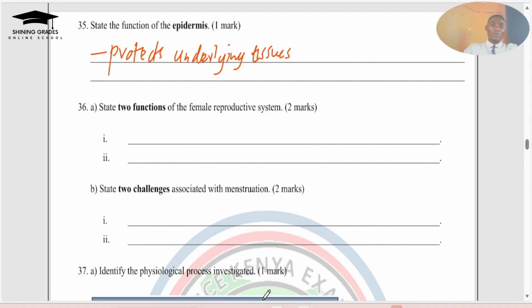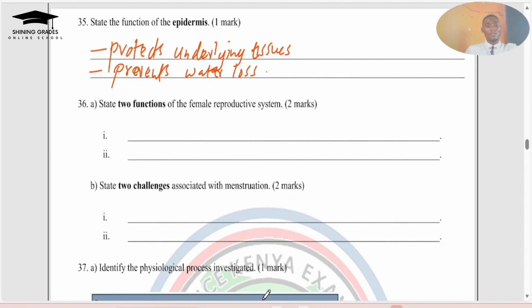It also prevents water loss. All those are the functions of the epidermis. It is basically for protection of the underlying tissues.